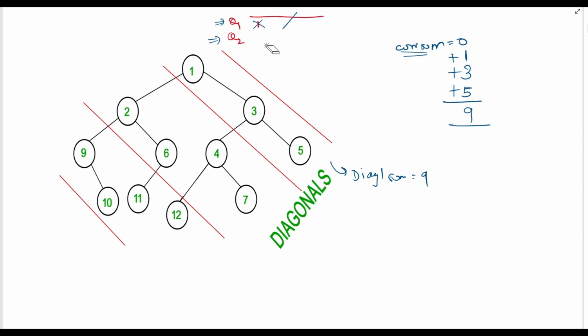Let me just erase them. So basically we had 2 and 4. Again, let the current sum be 0. Pop out the 2 and add its right in the same iteration, because we are going to consider that particular element in the same one, and add its left in the next one, to be considered in the next diagonal.